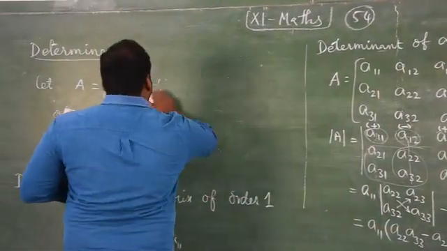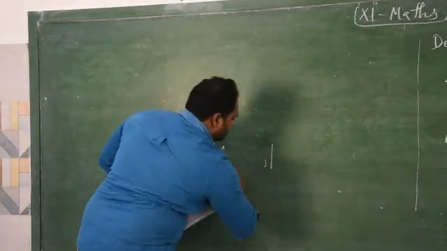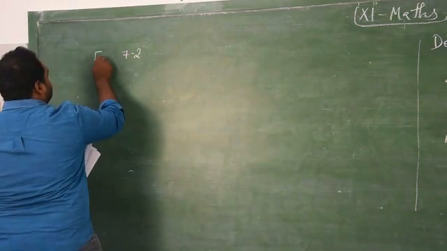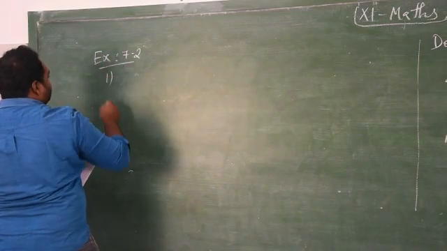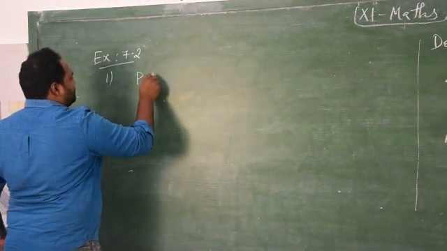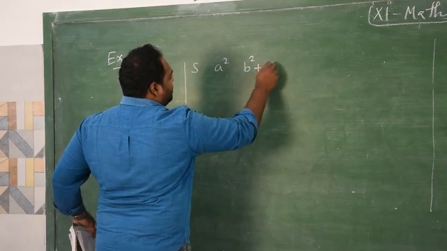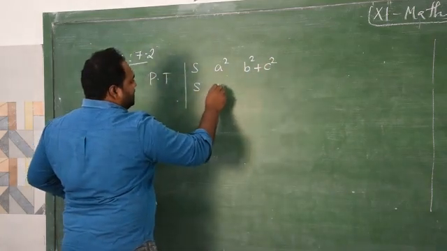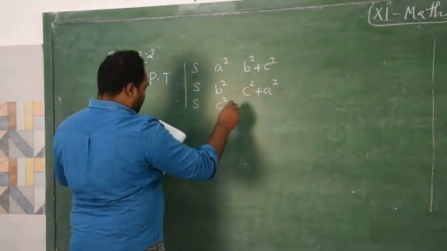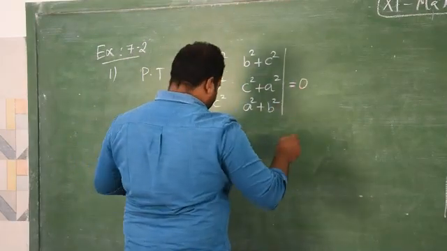Exercise 7.2, first problem. Without expanding the determinant, prove that the determinant with rows S, A square, B square plus C square; S, B square, C square plus A square; S, C square, A square plus B square equals 0.